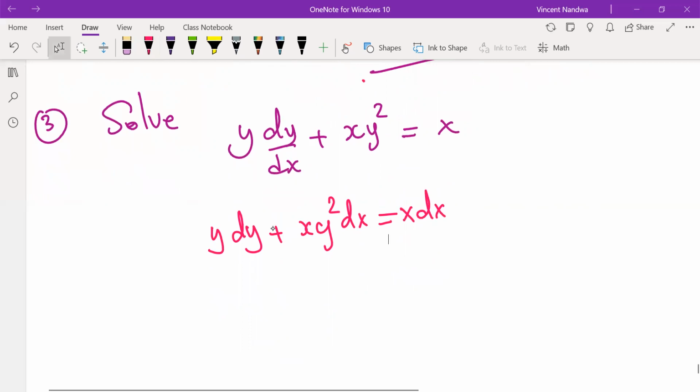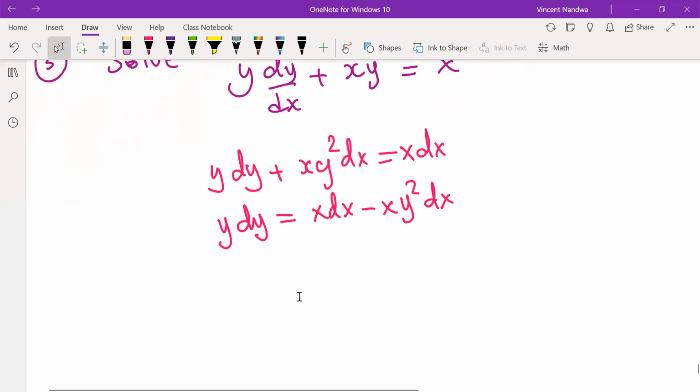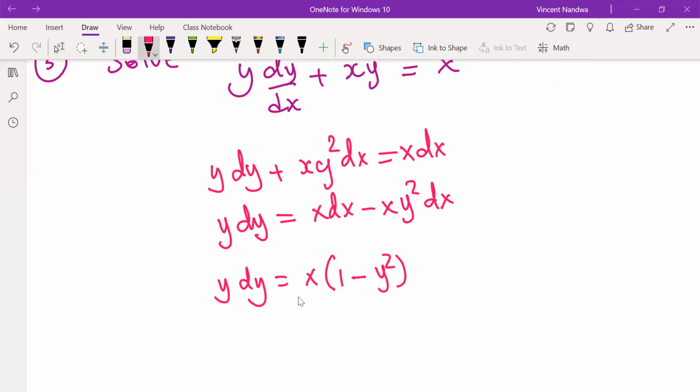And then we have y dy equals x dx minus x y squared dx. So I've taken this term to the right hand side. So next I'll have y dy equals x times (1 minus y squared) dx, where x and dx are common.